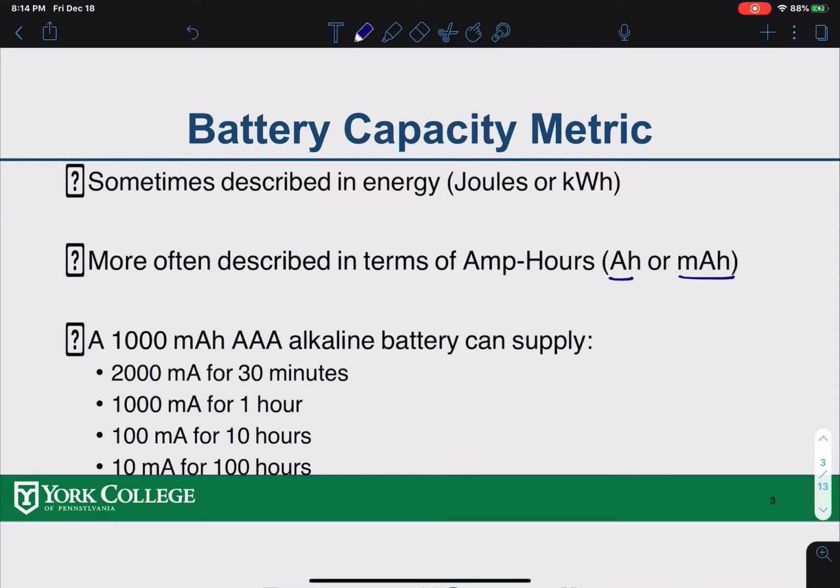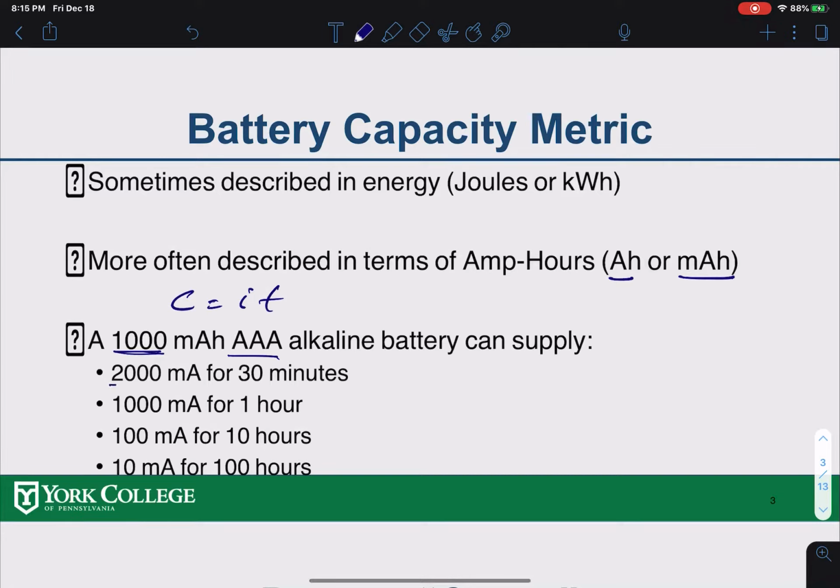So that is, C is basically your I times T. I is the current, T is the time. So when you say a 1000 milliamp hour AAA battery, it is basically saying that it can supply 1000 milliamps for an hour.